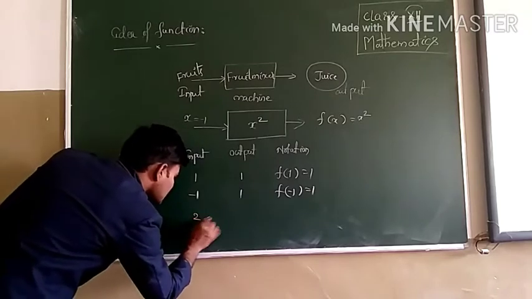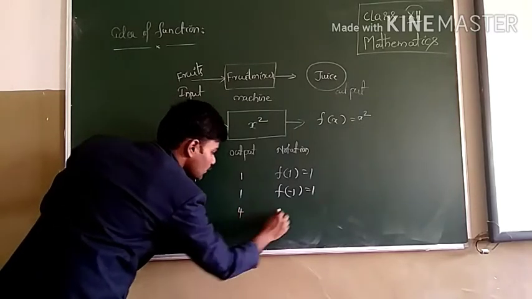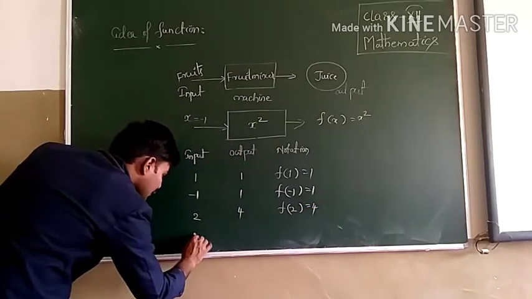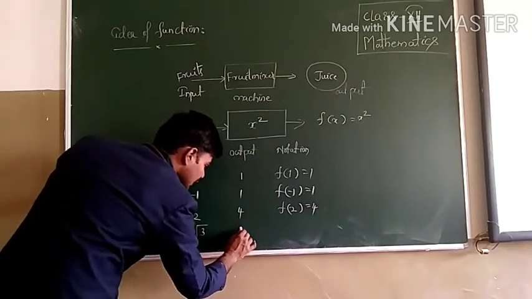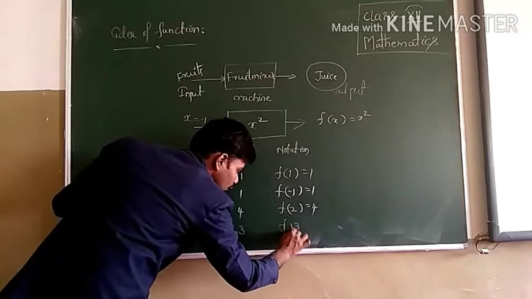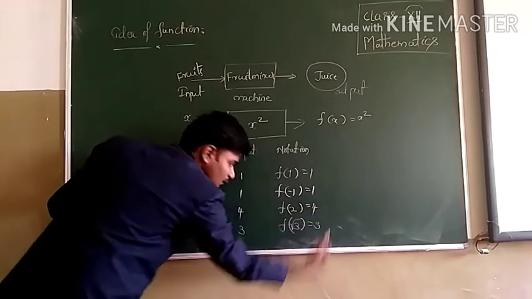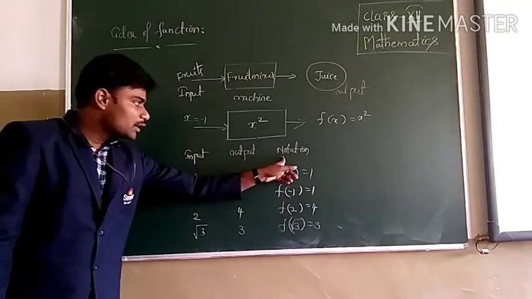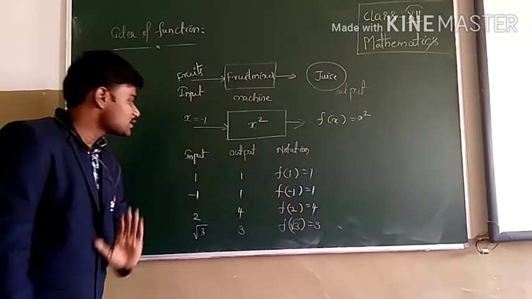If I give 2 as an input, then output is 4, so f of 2 is equal to 4. If I give root 3 as an input, then 3 is the output, f of root 3 is equal to 3, right? So here input and output, that notation is like this.